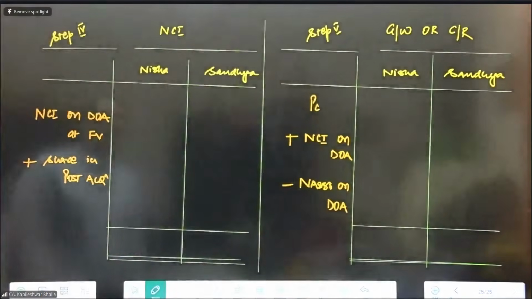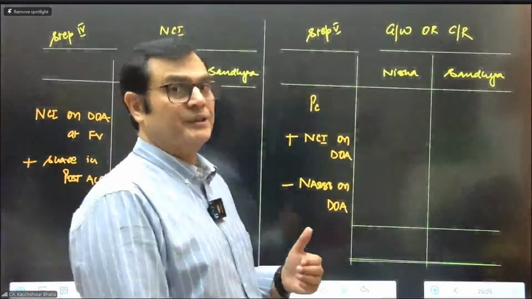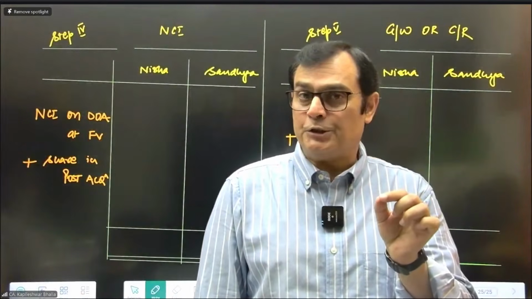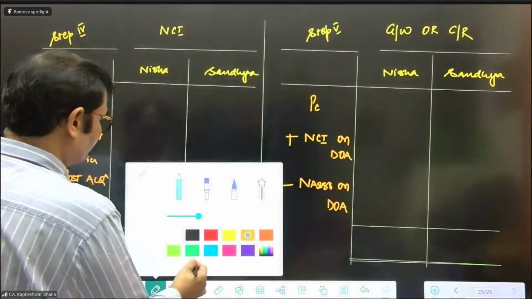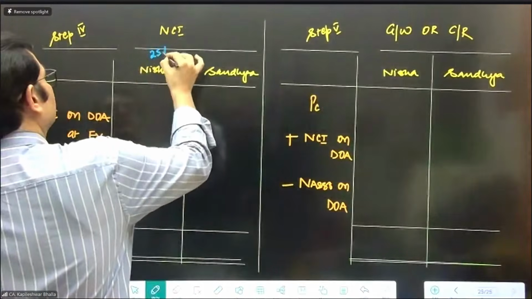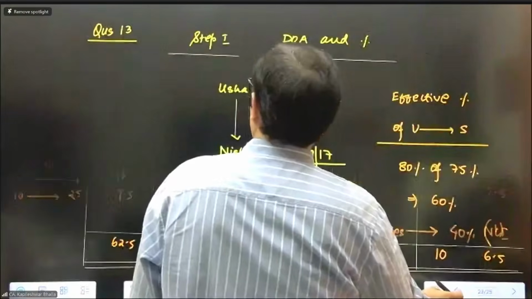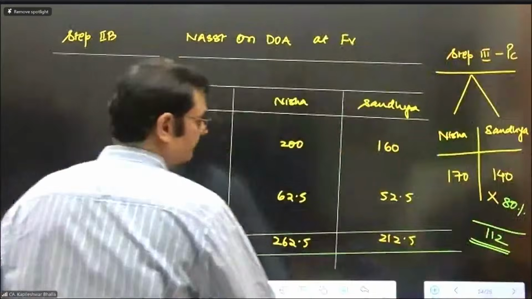Before we begin, something you should always keep in mind when doing these calculations is to watch out for the percentages. Here the parent has got an 80% stake.